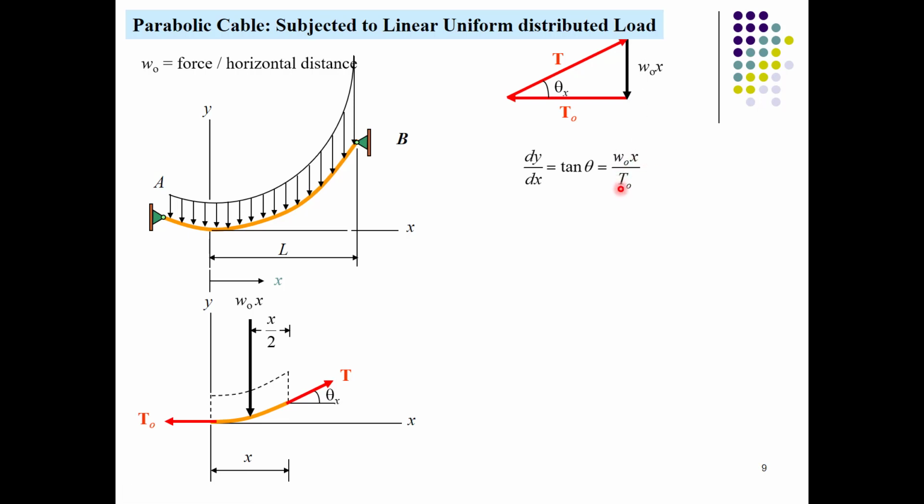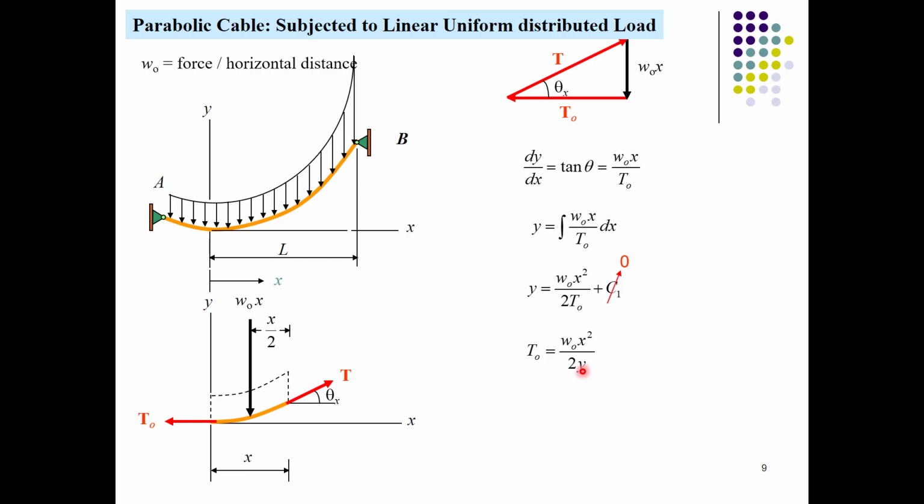So we have tan of theta equals W naught x divided by T naught, and we will take the differential upon the tan of theta, so that we can solve it. We have taken the differential, and the constant in this case would be 0. We'll assume that the constant C1 is 0, and afterwards we will determine the T naught value, which is the horizontal component. T naught in terms of intensity and horizontal distance, and y is basically the vertical distance.